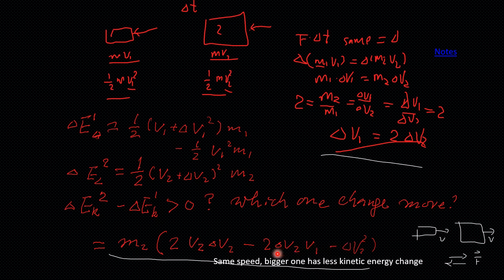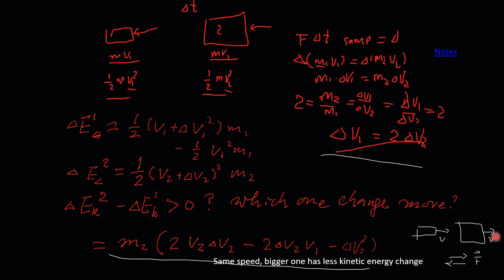Now, in a special case, if they have the same velocity, remember the assumption is that one is bigger and one is small. If they have the same velocity in the same direction, and you plug in V1 equal to V2, the first two terms cancel. The only thing left is the last term, which is negative, which means the second one will change less.